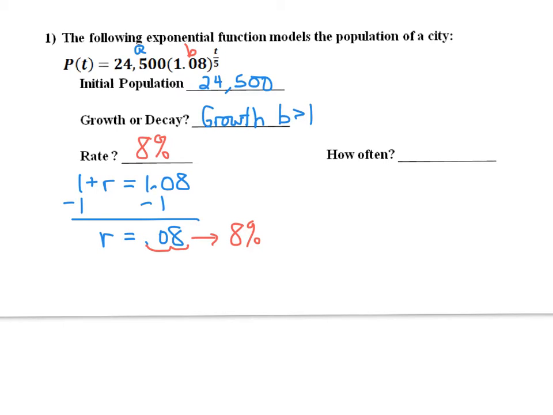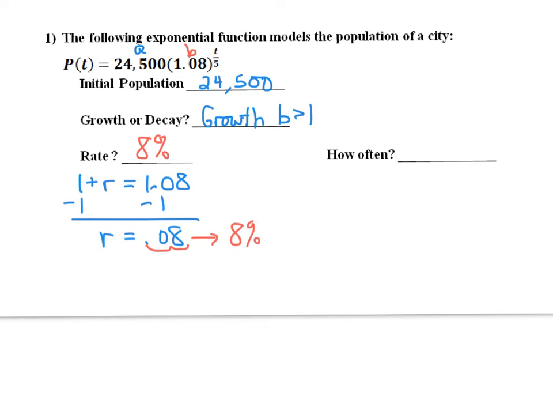Now we're going to introduce a time element into this problem that we haven't seen before. In the past, we've always used our exponent of t standing for our time measurement. But you'll see this time that t is divided by 5. What that divided by 5 tells me is how often the rate is being applied.